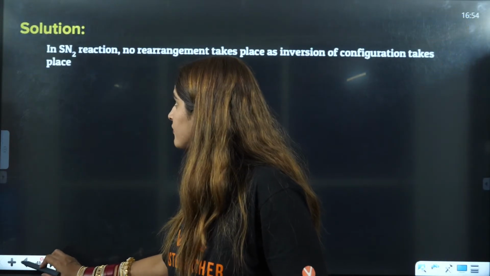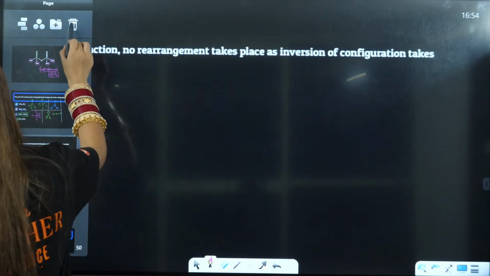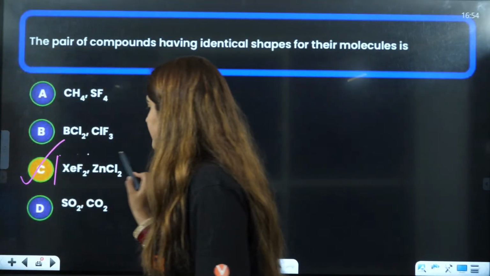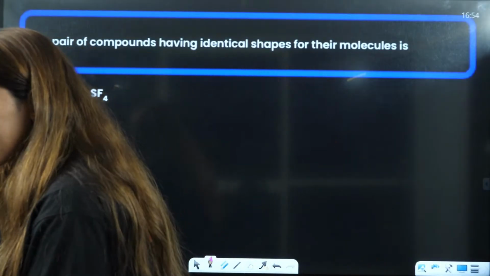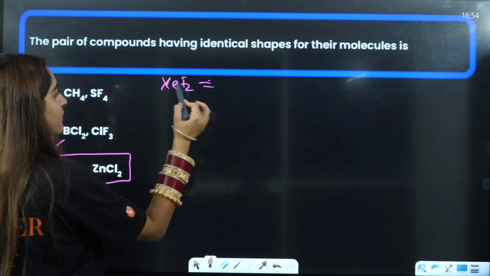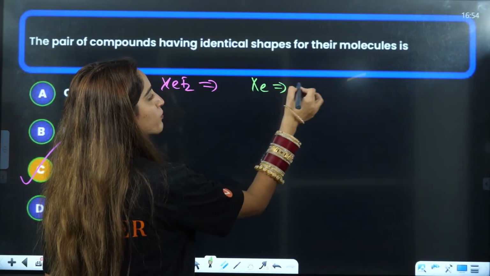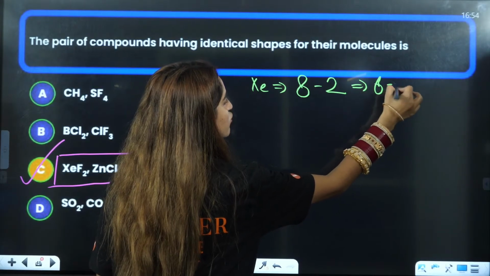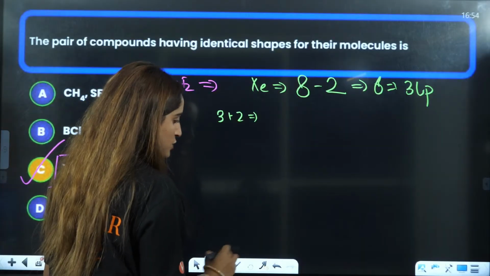Wait a minute, I think by mistake I have something else here, right? So the answer is going to be XeF2 and ZnCl2 for sure. And ma'am, what is the shape of XeF2? Xenon belongs to group number 18, minus 2 electrons, so it will be 6 electrons, that means 3 lone pairs. 3 lone pairs plus 2 bond pairs, again it is sp3d2.